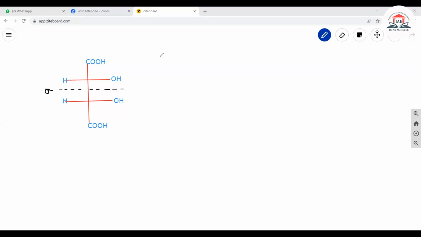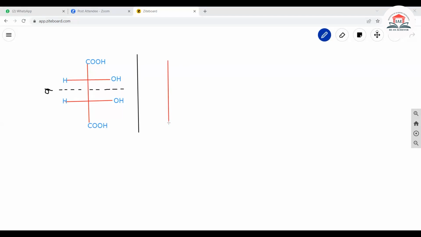Okay. Now let us confirm this by taking its mirror image. So this is the mirror plane that I'm drawing in the middle. Now so what will be the mirror image of this molecule? It will look like this, right? Wait, let me draw it.